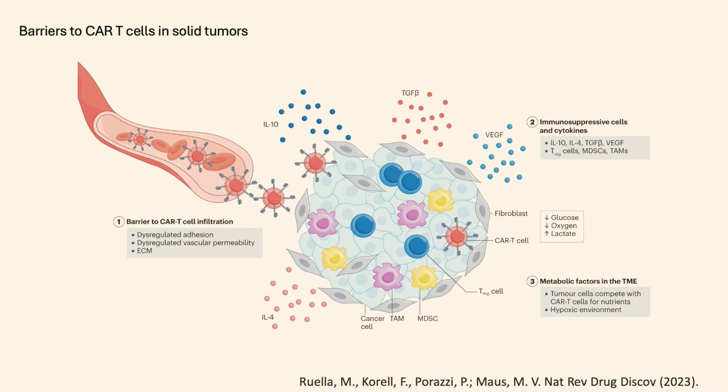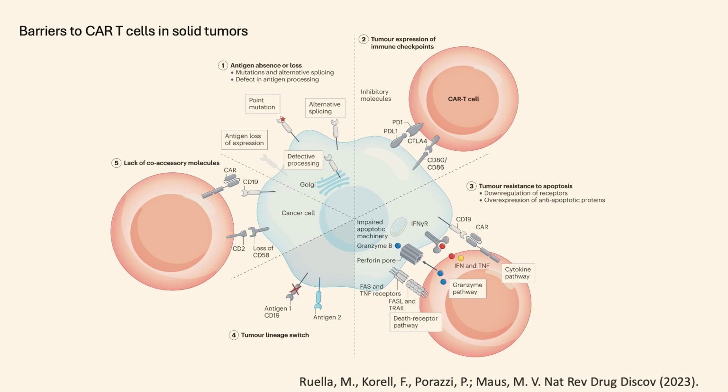And on the level of the malignant cells, you see different ways of resistance to CAR T cells, including the absence of co-accessory molecules that are necessary for the function of the CAR T cells. You see also that there is an antigen loss on the recurrent or the escaping tumor cells.